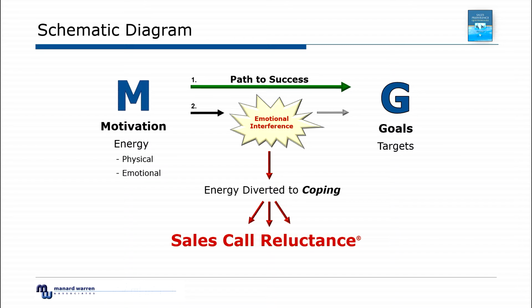Then hopefully you're in that number one model, which is most all of your motivation is free-flowingly getting over to support your goals. And that's what that number one model says. It's that motivation is uninterruptedly, free-flowingly getting over into supporting the goals that you've set for yourself. You're taking the appropriate sales actions. You're not making excuses. You're proactive.